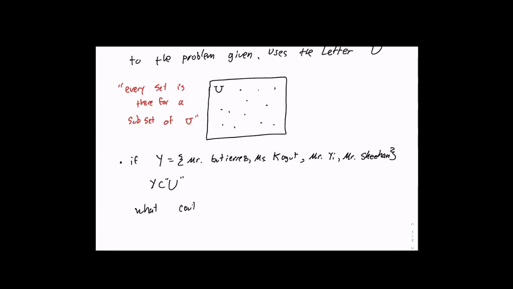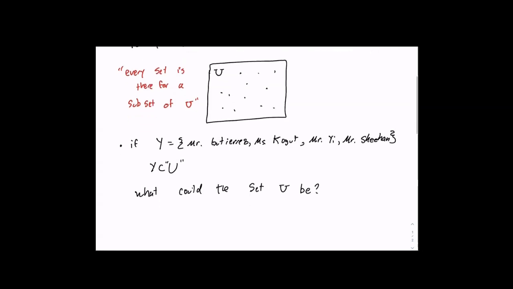What could the set U be? So what are the possibilities? There are many possibilities of what we can define the set U to be, and they could be correct. So here I've defined a set, and this set is a subset of U. I didn't mean to put quotation marks there.